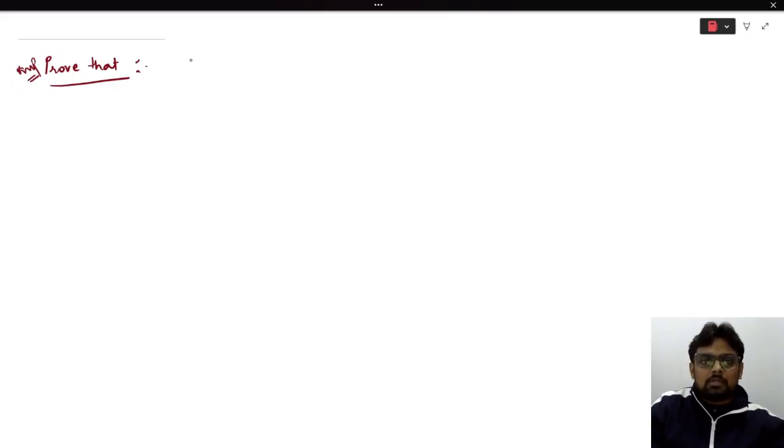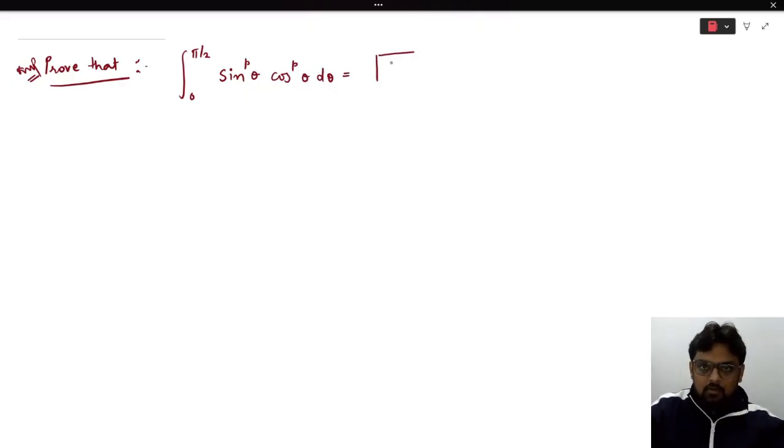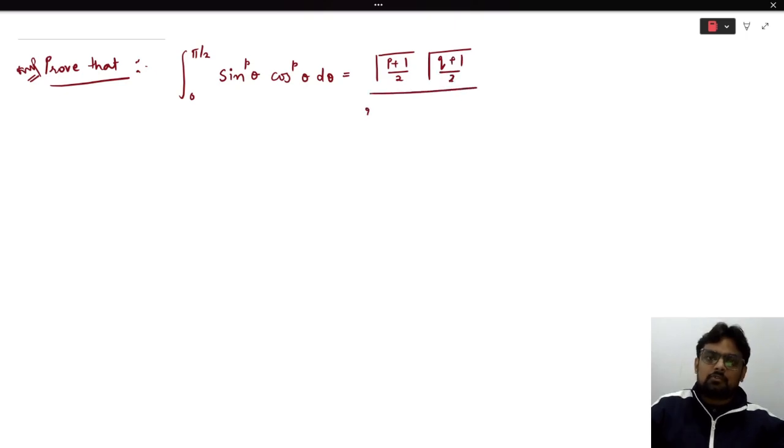So this is the integration from 0 to pi by 2 of sine to the power p theta cos to the power q theta d theta, which is nothing but gamma of p plus 1 by 2 times gamma of q plus 1 by 2, divided by 2 times gamma of p plus q plus 2 by 2.